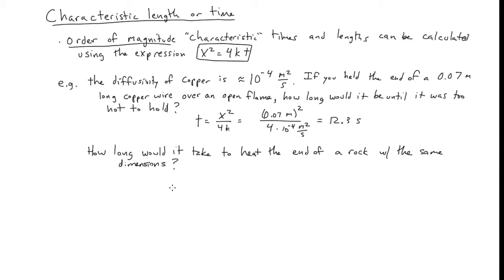Okay, so it's the same equation as before, x squared over 4k. And in this case, the only thing different here is, if you go back and look in your notes, you remember that all rocks in magma have roughly a diffusivity of 10 to the minus 6.